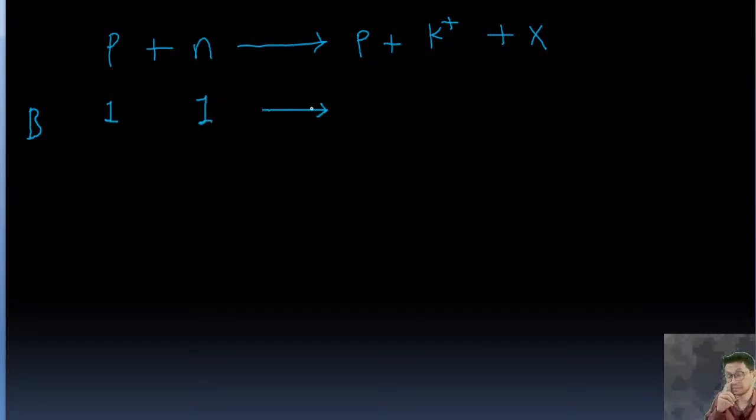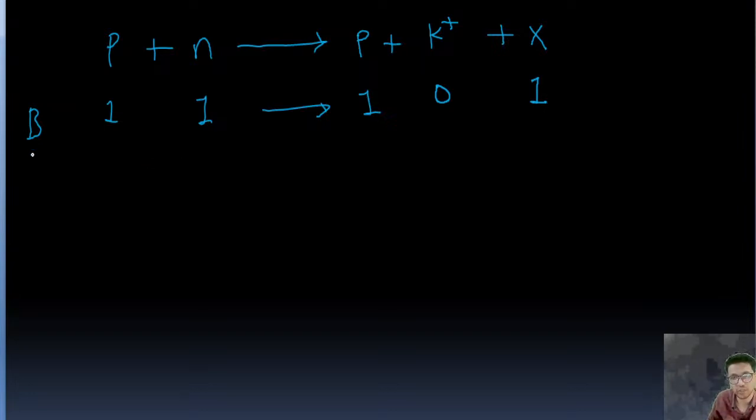Kaon is not a baryon, guys, so its baryon number is going to be 0. And for balancing this equation, the baryon number for this unknown element is 1, which means X is a baryon. So we have got the baryon number.